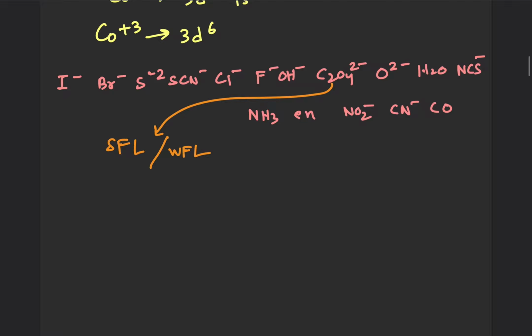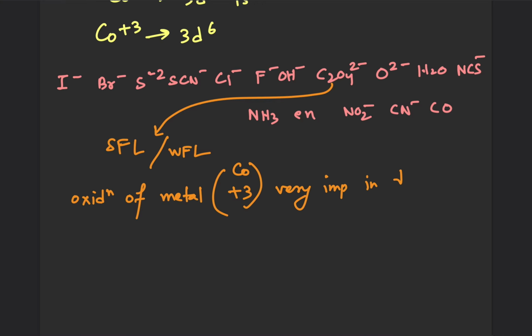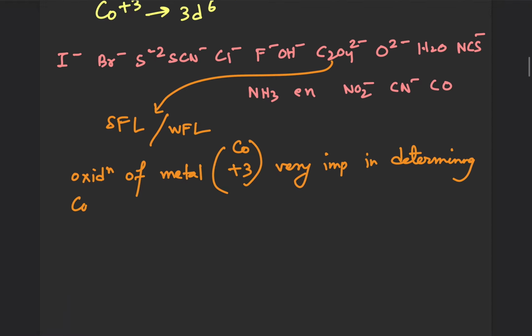Okay. But the catch is, whether a complex is high spin or low spin, apart from the ligand strength, the oxidation state of the metal is also very important. Okay. So oxidation state of metal, in our case it is +3 of cobalt, very important in determining whether a complex is high spin or low spin.